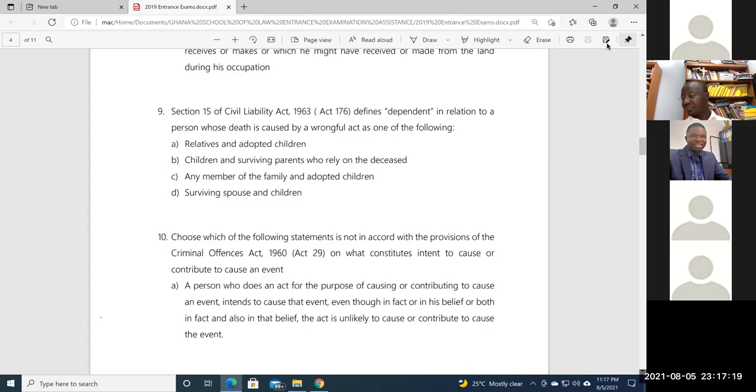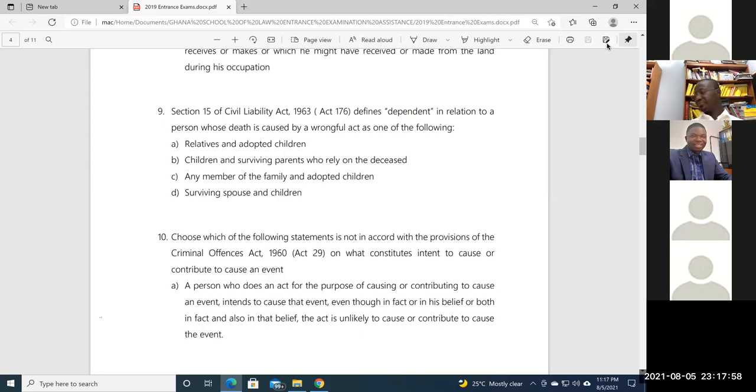Let's look at section 15 then. For purposes of sections 16 to 22, dependent, in relation to a person whose death is caused by a wrongful act, includes (a) a member of the family of the deceased, and (b) any other person who that member was, by reason of adoption under the relevant law on adoption or otherwise, obliged to maintain and who suffers loss or mental distress as a result of the death.